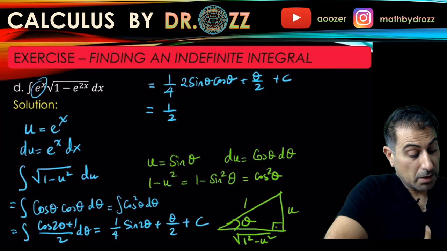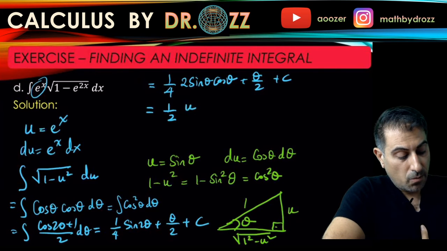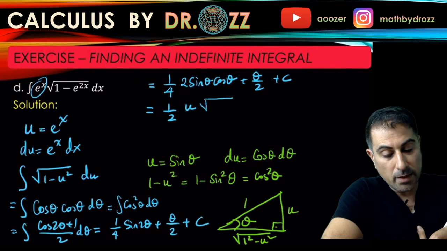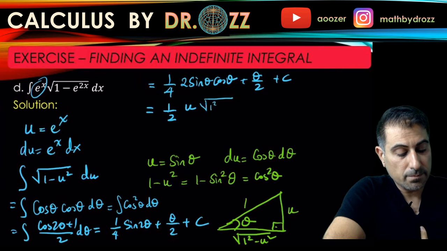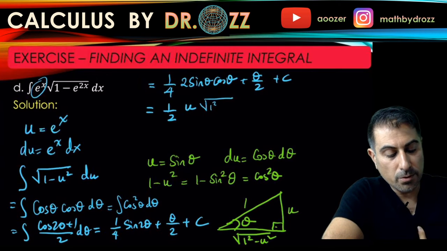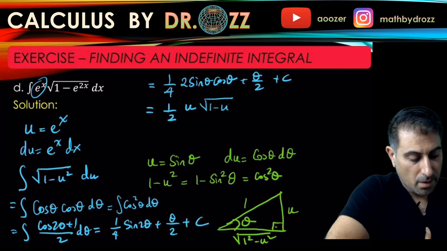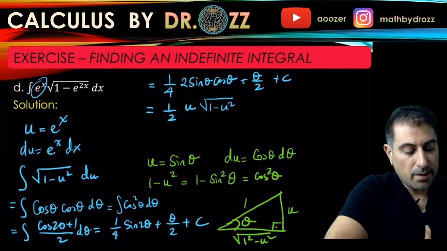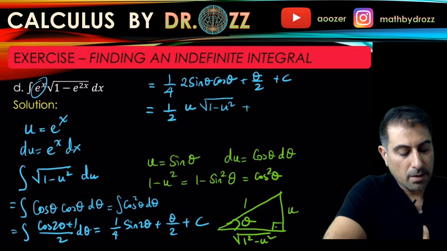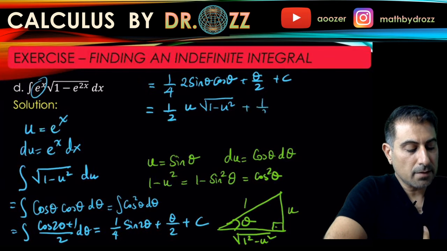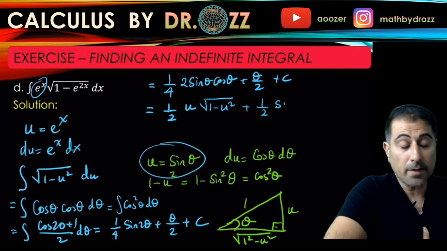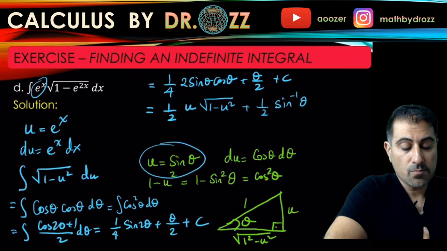And cosine theta is the radical of 1 squared, which is 1, minus u squared. So in other words, the radical of 1 minus u squared. Plus, well, theta is already coming out of this. That is sine inverse of u, or arc sine u, plus c.